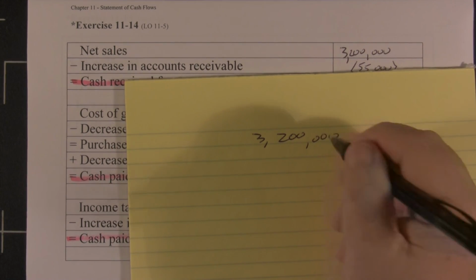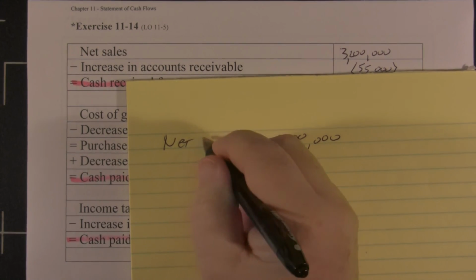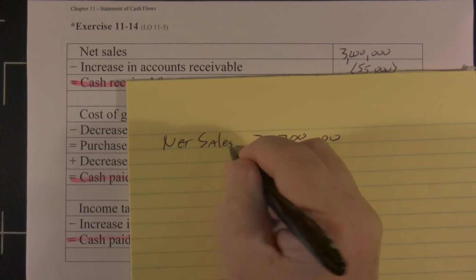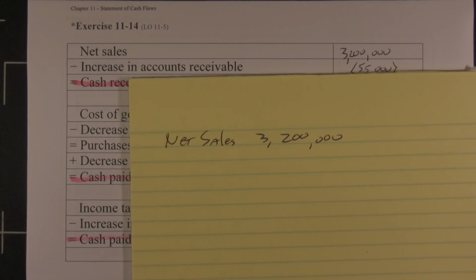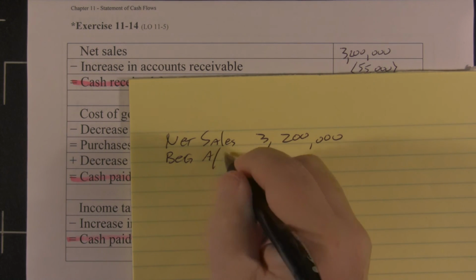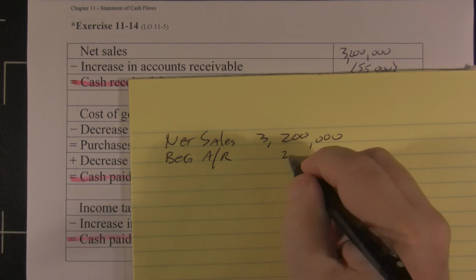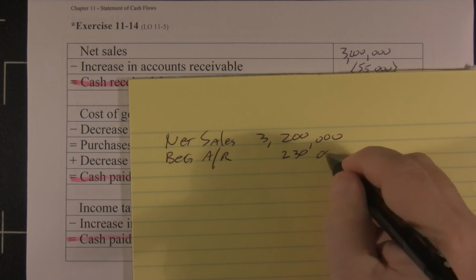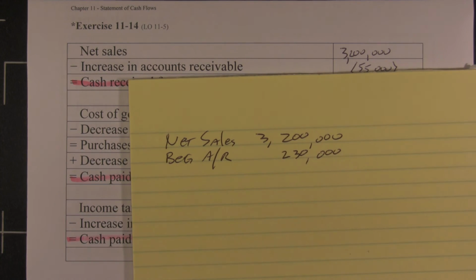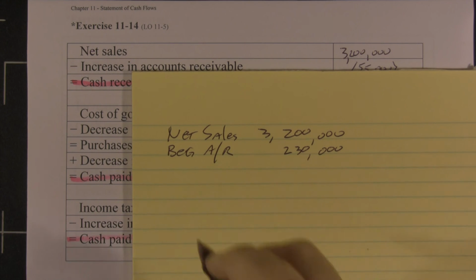Now, my I ain't too bright method says, okay, I'm going to start with net sales, $3,200,000. I'm going to act as if I collected all of my beginning accounts receivable, and they tell me my beginning accounts receivable was $230,000. I also know that I did not collect my ending accounts receivable.